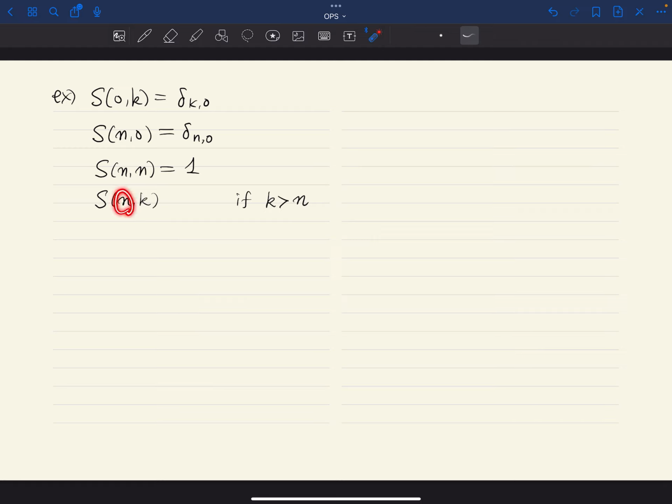You cannot make a set partition with more blocks than the cardinality of the set, so it's 0. So, in other words, this is non-zero only when k is between 0 and n, right? Otherwise, if k is outside the range from 0 to n, it will be 0.